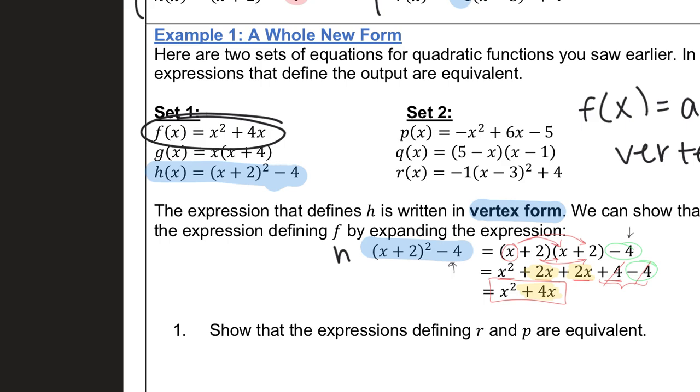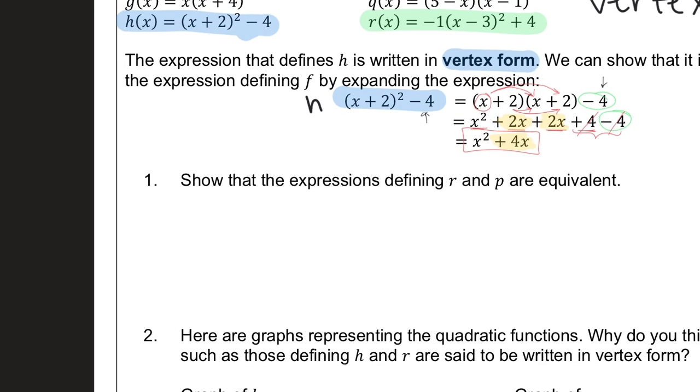So we're going to do the same thing for number 1 here and show that r is equivalent to p. The first thing we're going to do is copy down equation r. So we have negative 1 times (x minus 3) squared plus 4.